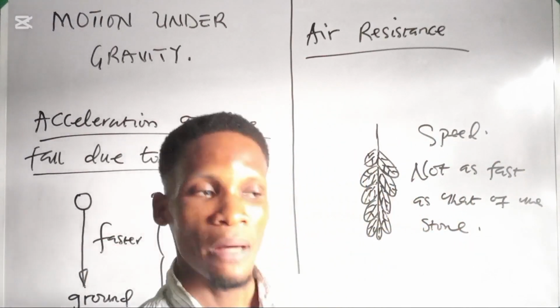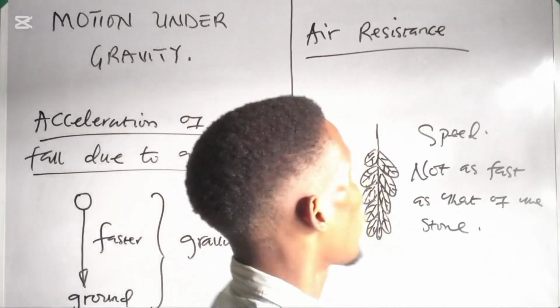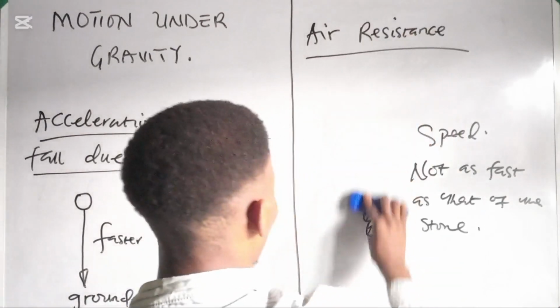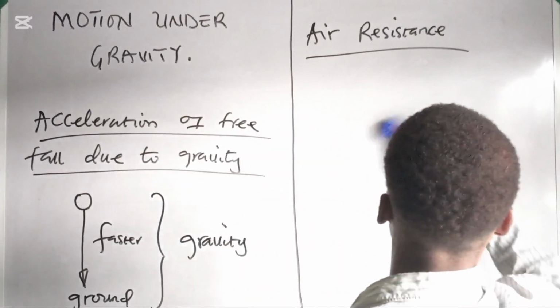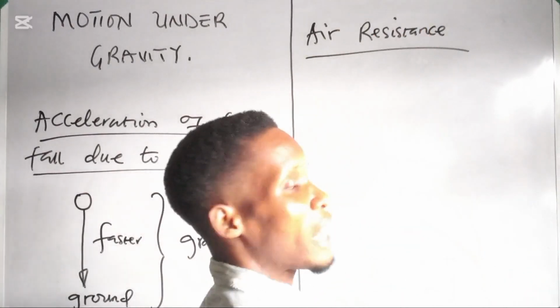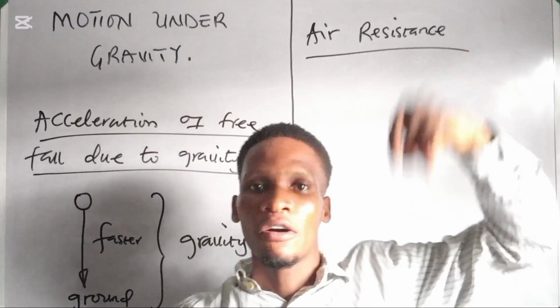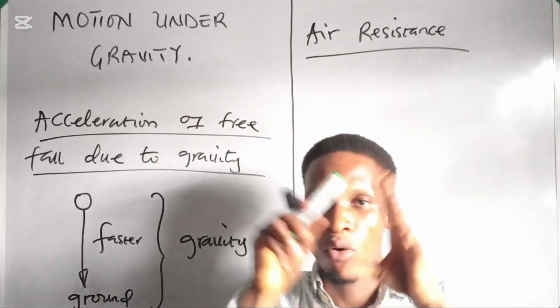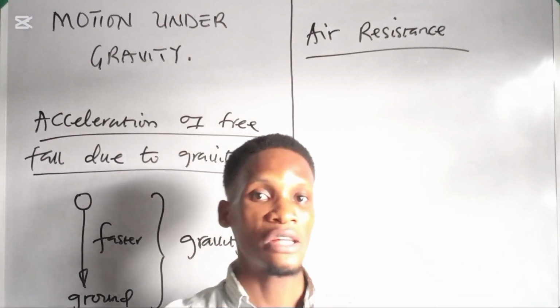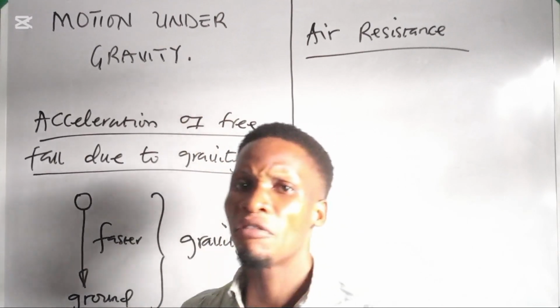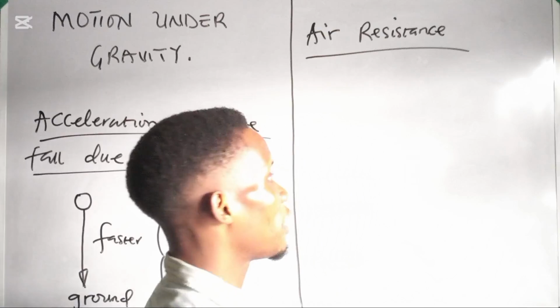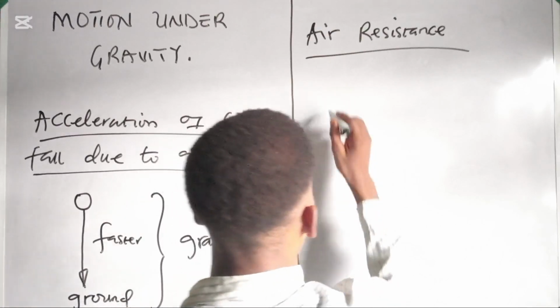But now an experiment was done, and we discovered that when a stone and a feather are put in a vacuum, the vacuum should be a closed vacuum where there's no air resistance, the behavior of the stone and that of the feather are the same.